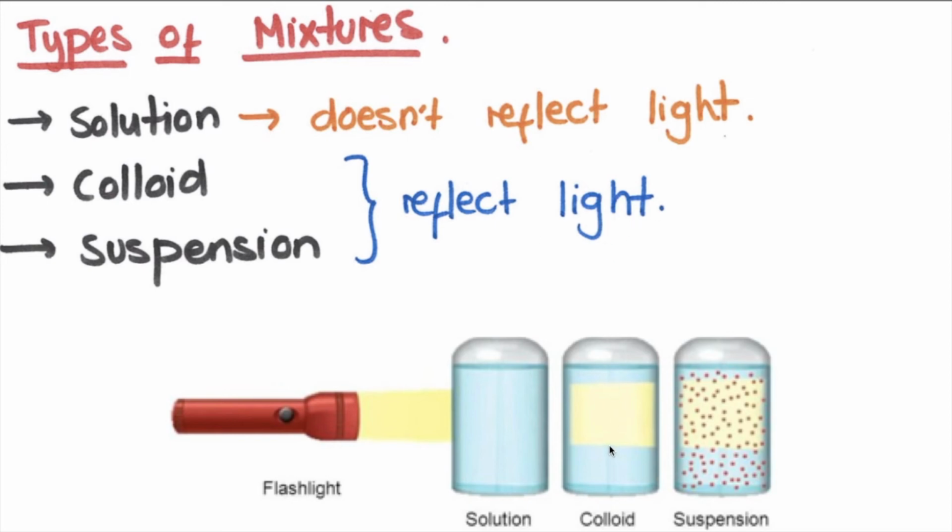But the main thing that you need to know is that in colloids and suspensions, the molecules are very big, and because they are very big, it allows the light to reflect. In a solution, because the molecules are very, very small, it doesn't allow the light to reflect. That's the basic explanation that I can give you with the knowledge that you have so far.